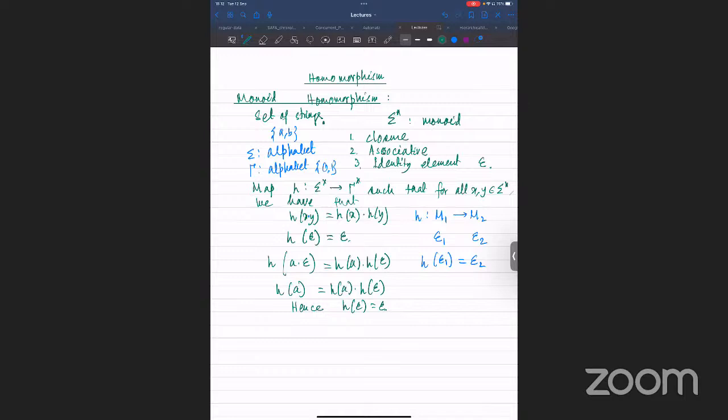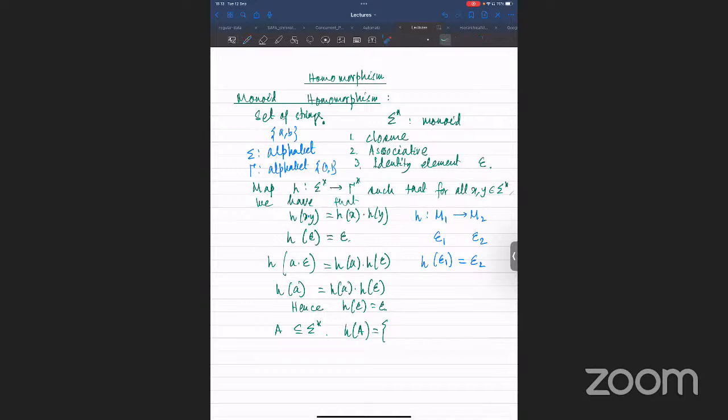Now we are going to define the homomorphism for a particular set. Suppose A is a subset of sigma star. What is h of A? How would you define this?